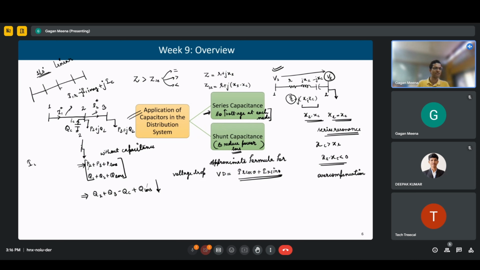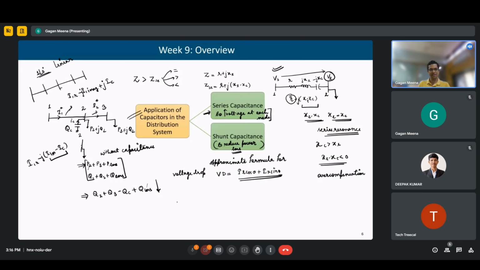So now it is I1 real minus J I1 imaginary minus IC. So the total reactive component of the current which was being provided by the substation reduces.